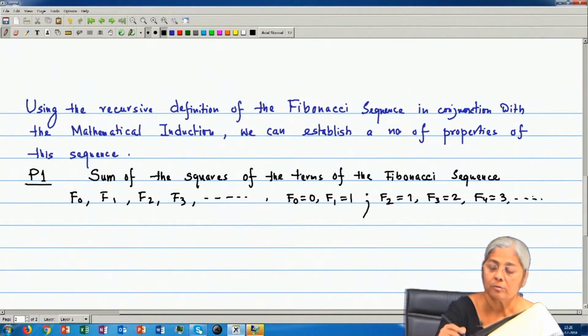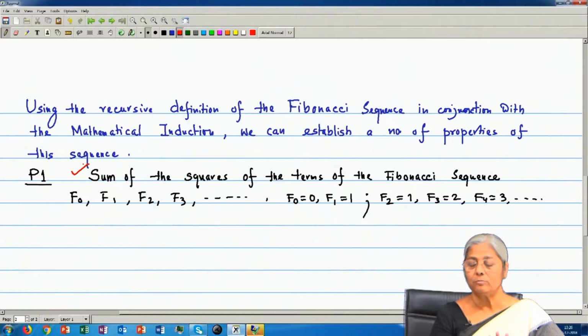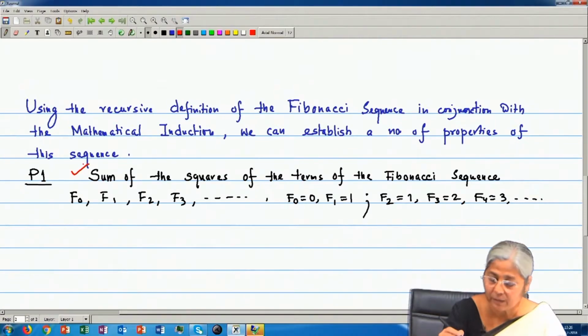Now, we want to see the value of the sum of the squares of the terms of the Fibonacci sequence.